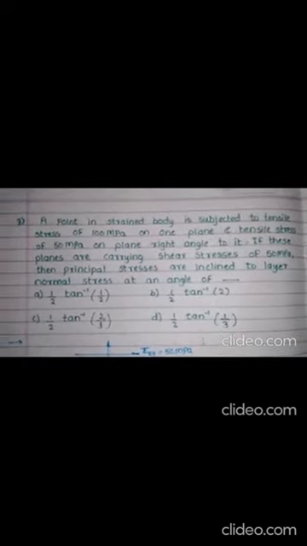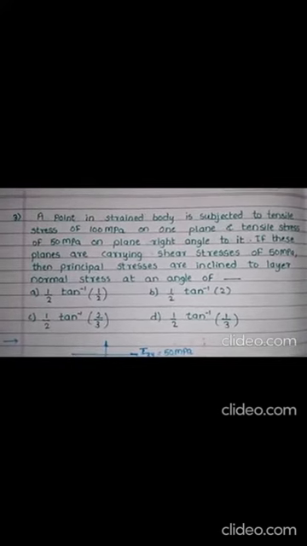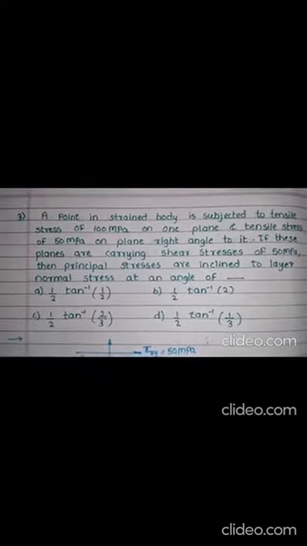Then the third question. A point in a strained body is subjected to a tensile stress of 100 MPa on one plane and a tensile stress of 50 MPa on a plane at right angle to it.